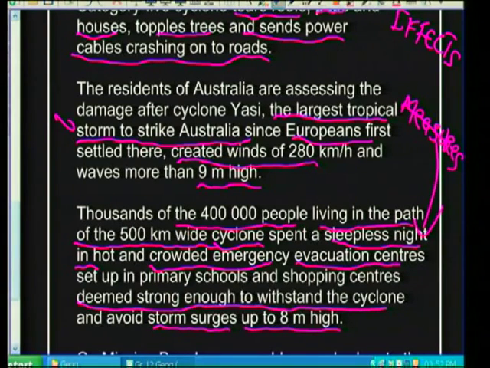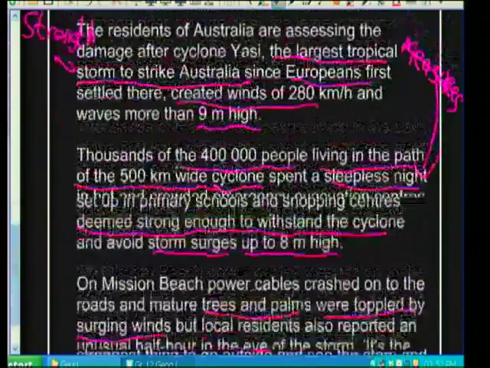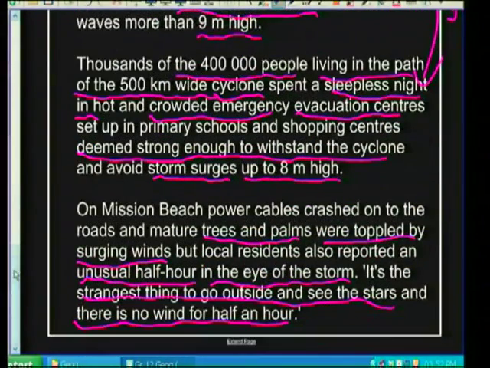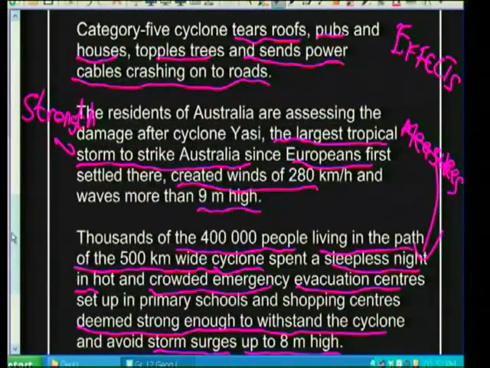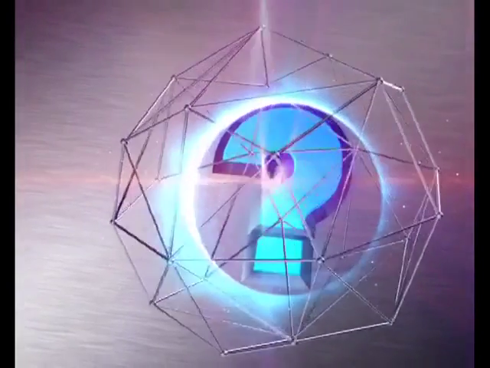It told us about the strength of the tropical cyclone, and some of the measures that were taken to help the people. And again, it spoke about the devastation in terms of trees being toppled, and then also a bit about the eye. So it's basically just giving us a few pieces here. Before we go to the questions on this section, let's take a quick break, and you can get a quick glass of water and come back for the next exciting part.